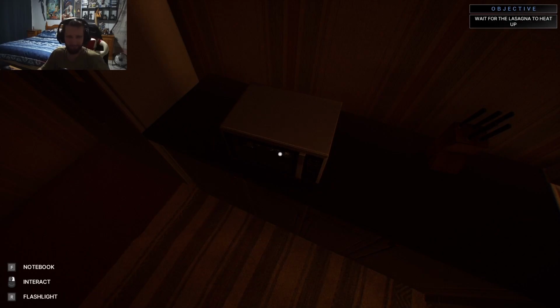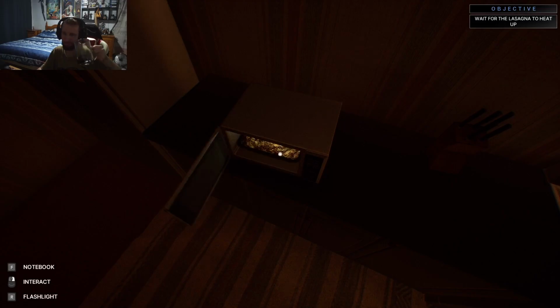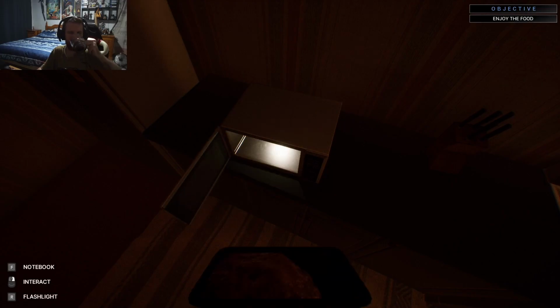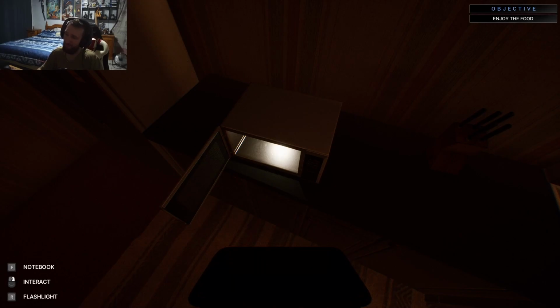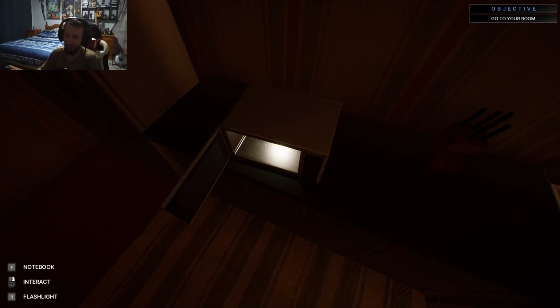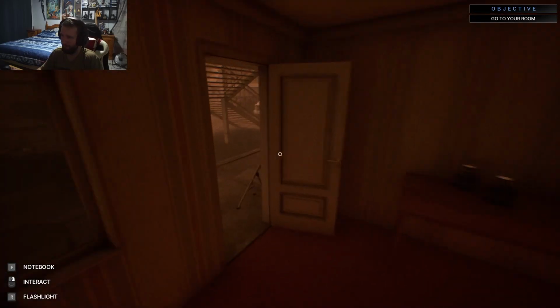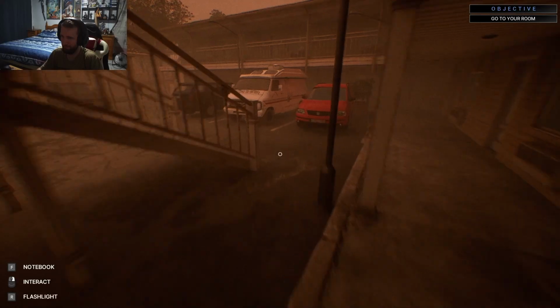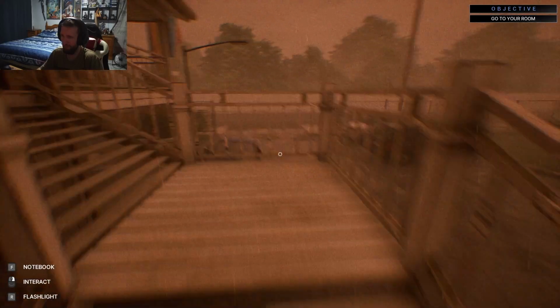Woo! Lasagna tonight, baby! I could kill for a very good bowl of lasagna right now. Woo! I'll eat that whole thing in one go, boy. Okay, well, go to my room. Yes, everybody's gone back to their room.